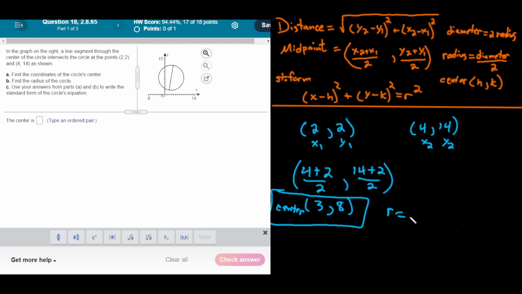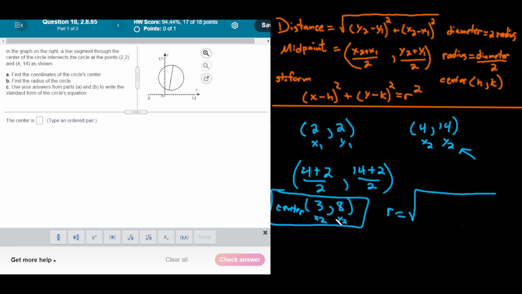So r is equal to the big old square root. Remember the distance formula up here? I'm going to consider this my new x2, y2. Don't focus on this one.